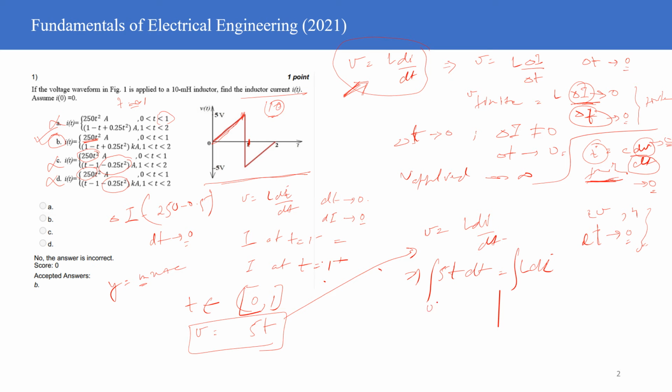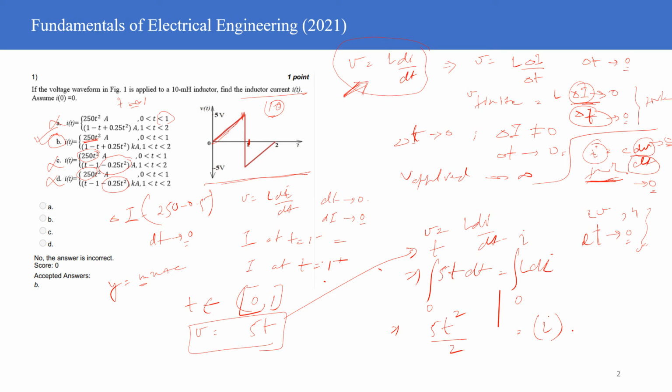Now at time t = 0, the current in the inductor was 0, okay? And at time t, you need to evaluate the current, right? So this will give you 5t square by 2 is equal to i divided by L, right?